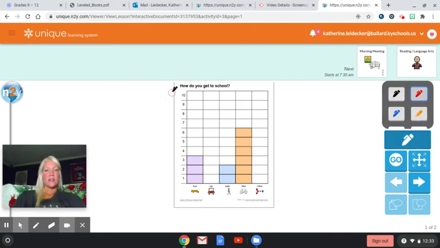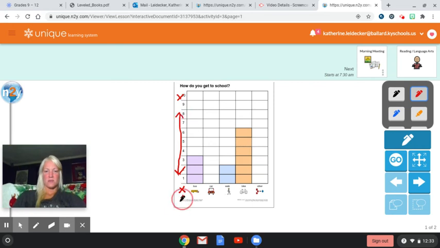This is called your X, and this is your Y. X and Y coordinates. So up and down is Y.